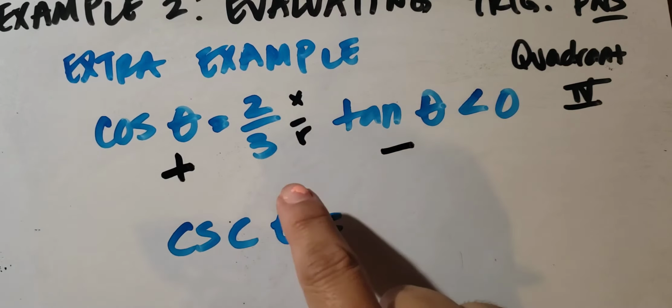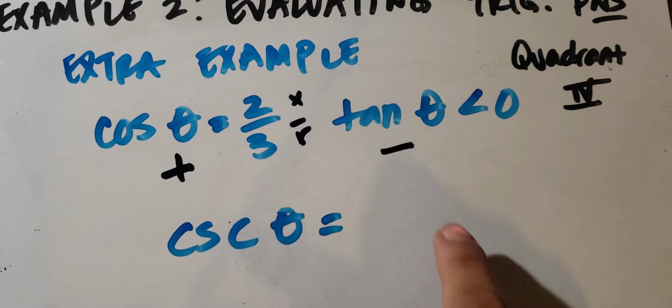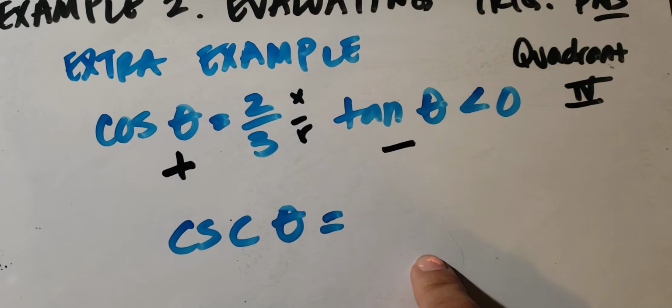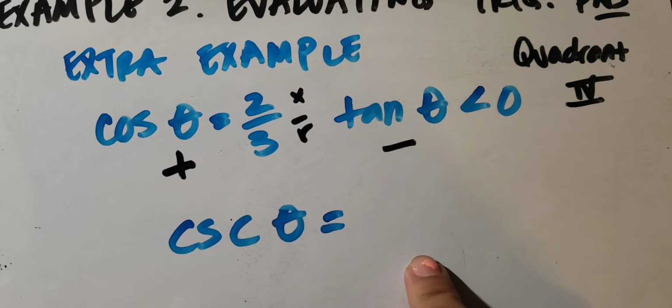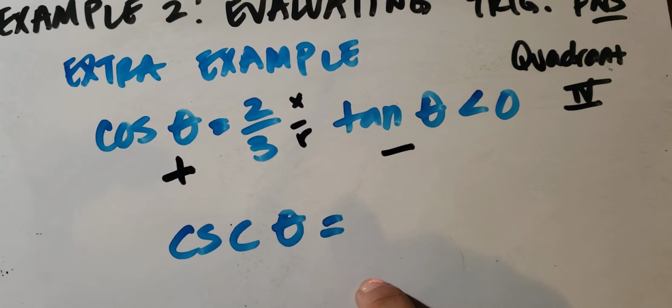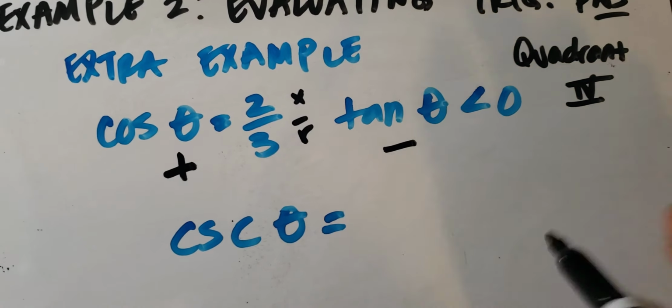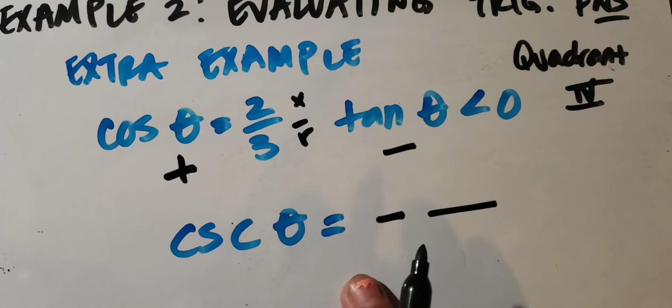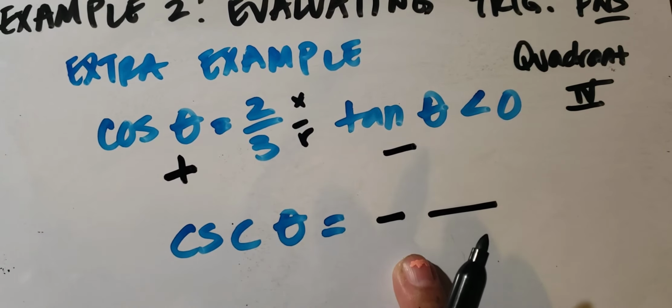And we don't have sine, okay? But if we're going to be using quadrant 4, sine is negative. And if you do the reciprocal of sine, you should still have a negative. So I'm just going to put the negative there. We know cosecant has to be negative, okay?